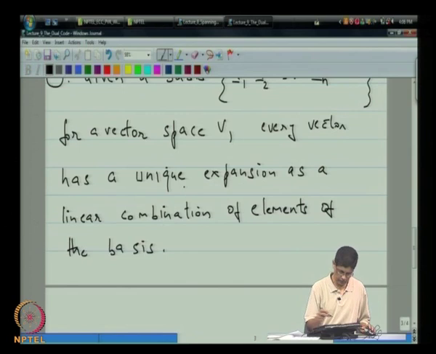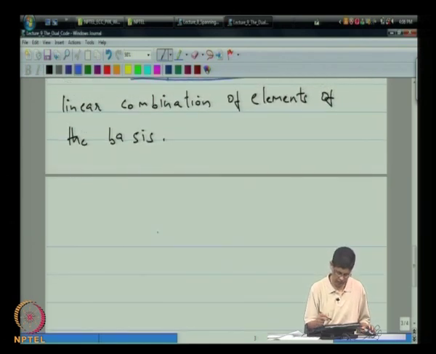The key point is that it has a unique expansion as a linear combination. The proof is straightforward.